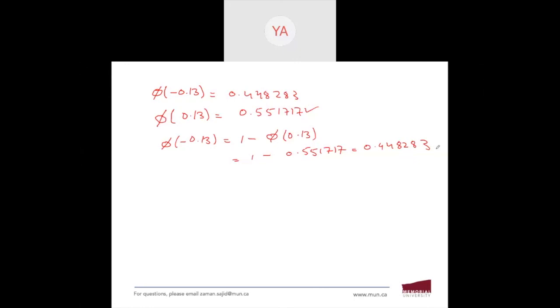Now we will do one example here, which will elaborate more. Height of people in St. John's is normally distributed with a mean of 160 centimeter and a standard deviation of 25 centimeter.